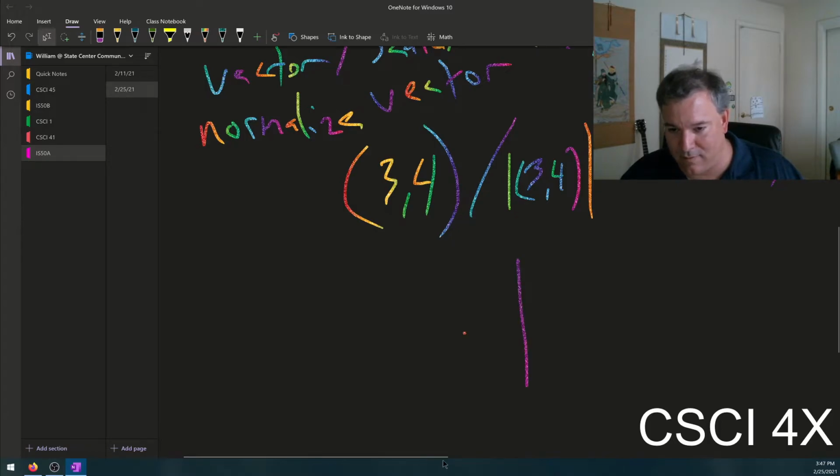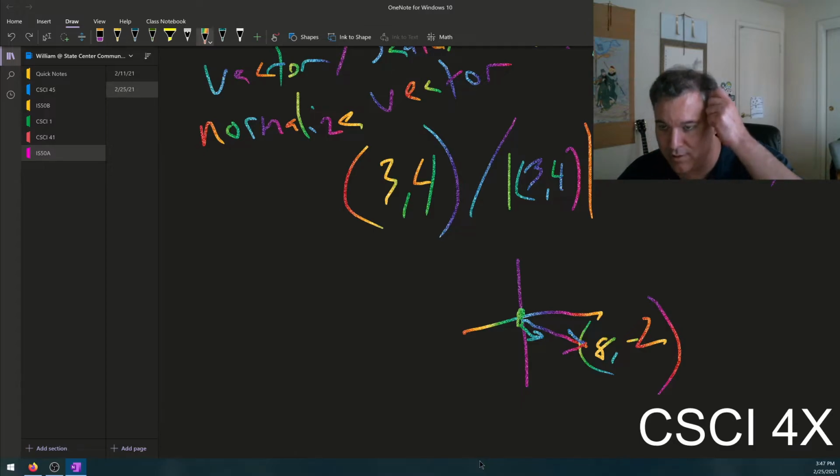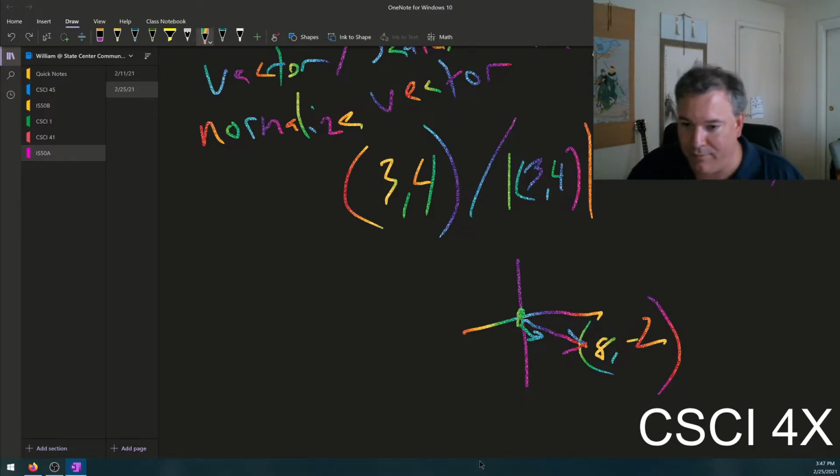Just to make it easy, it's going to be at the origin on one side, and 8, -2 on the other side. I'd like you to normalize this vector, which means I want you to come up with a unit vector, a vector of length 1 pointing in the same direction as 8, -2.